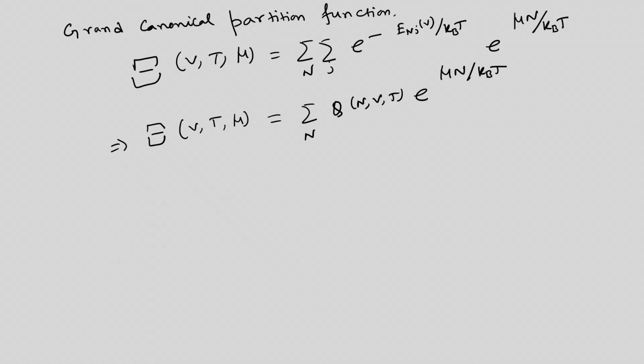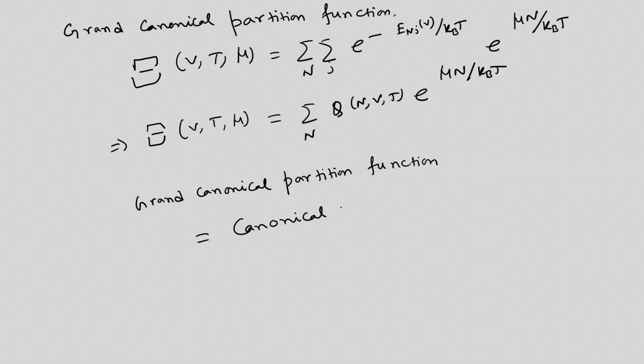So, the grand canonical partition function is nothing but the canonical partition function plus all possible values of n.